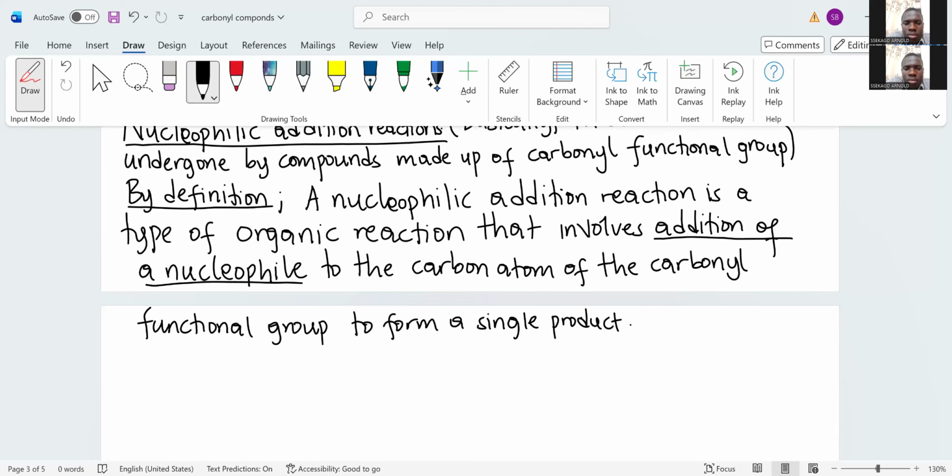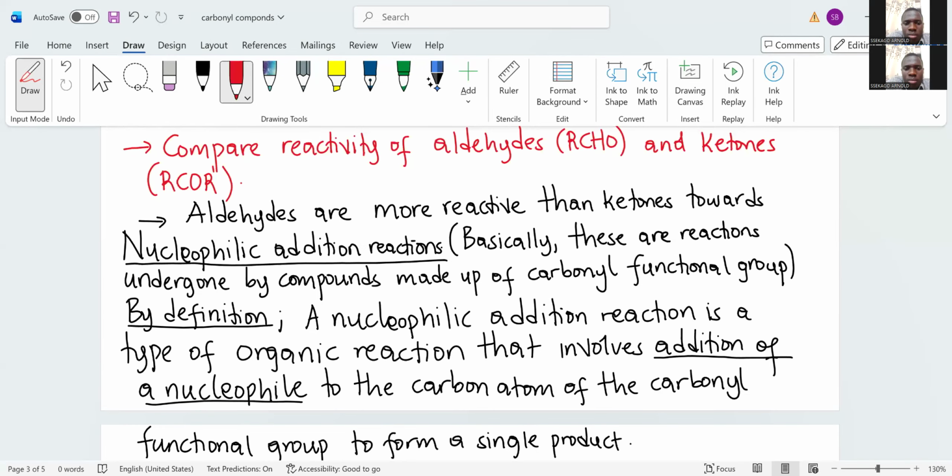And I want to illustrate what I mean by that. So we have explored the fact that carbonyl compounds, both aldehydes and ketones, undergo nucleophilic addition reactions. These are reactions where a nucleophile is added to the carbon of the carbonyl functional group.